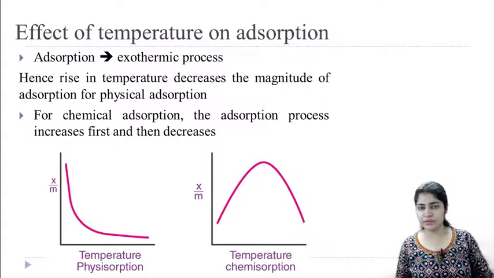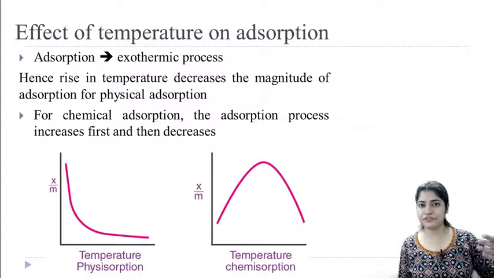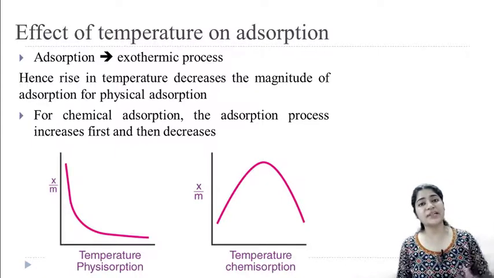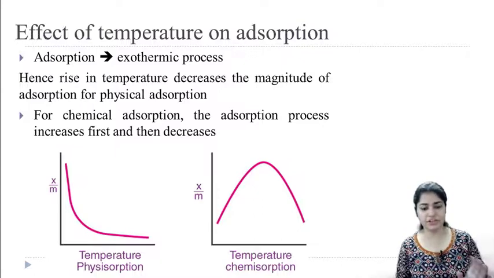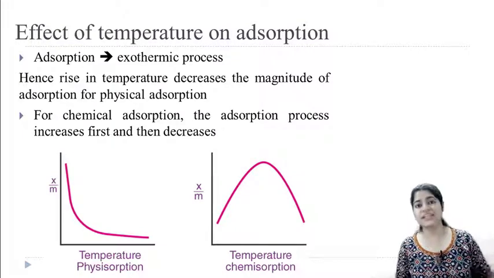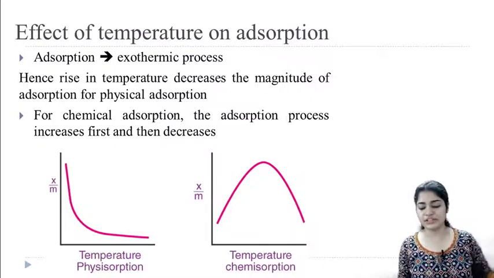So if you raise the temperature, your adsorption will decrease. But the same is not true for chemical adsorption. Here you can see the difference between both processes. In chemical adsorption, the adsorption increases with temperature up to a maximum, and then it decreases. So this is the effect of temperature on adsorption.